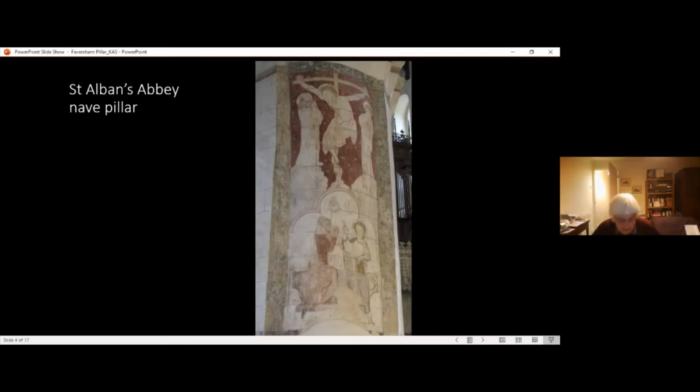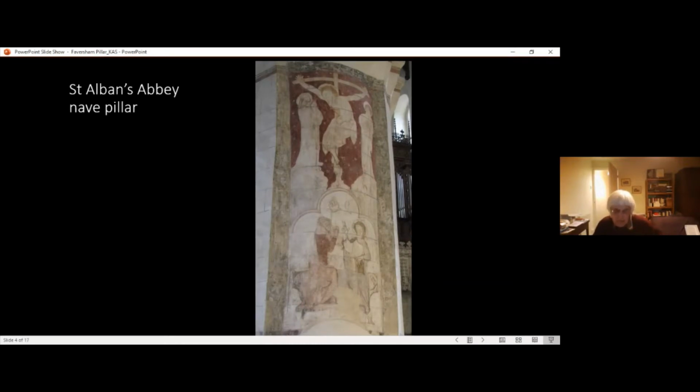Now, an 8-sided pillar is, of course, very valuable in and of itself, but it's also important in terms of the idea of the 8 sides, because 8 was seen symbolically as introducing the idea of regeneration.